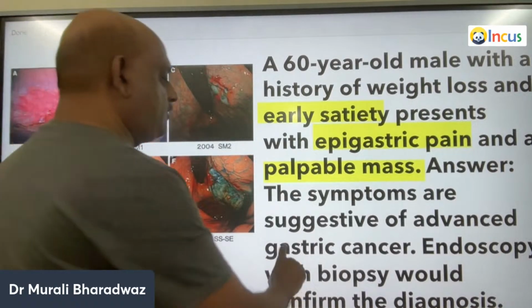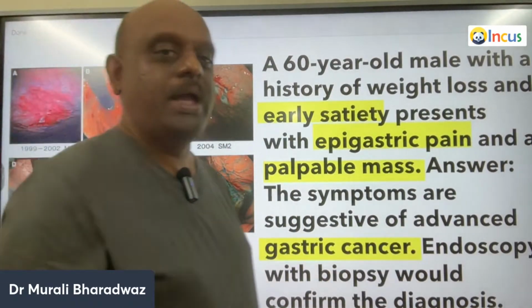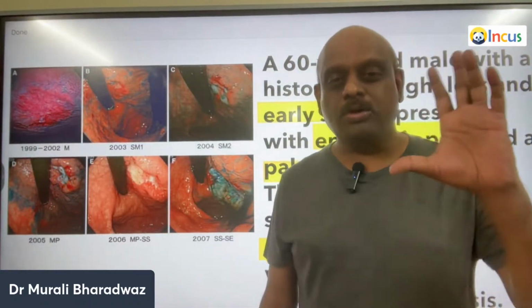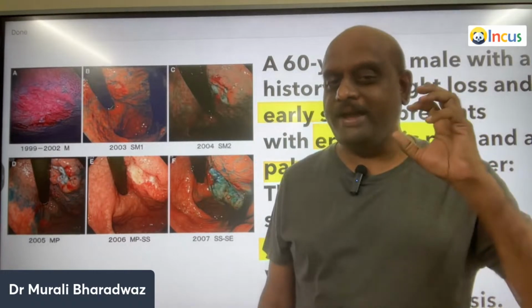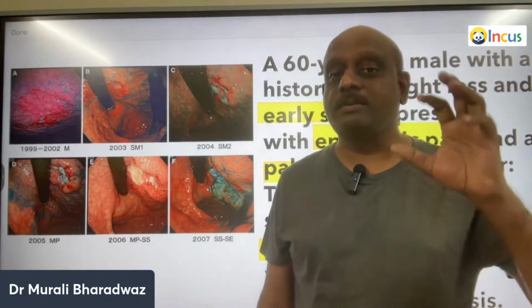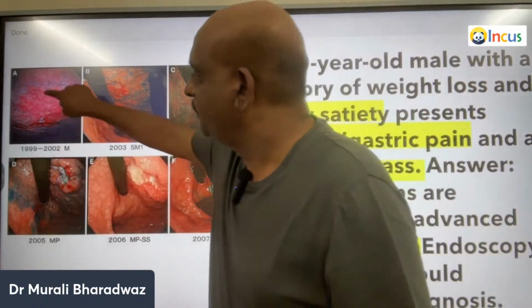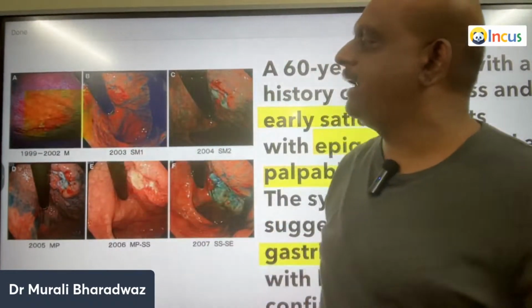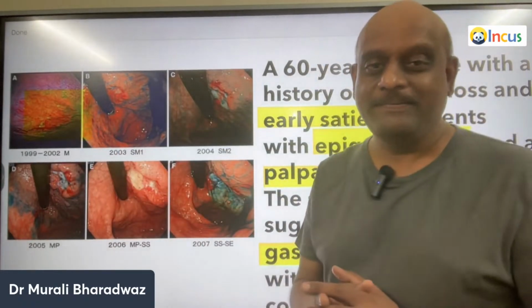So it is typically suggestive of advanced gastric cancer, and you need to do endoscopy to prove the diagnosis. So for tomorrow's USMLE Step 1, you need to be sure to identify a gastric carcinoma. When you do ultrasound, how does it look? This is the typical appearance in a given patient in 1999 to 2002, where it is not very prominent.